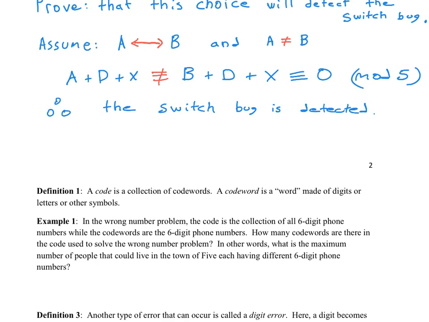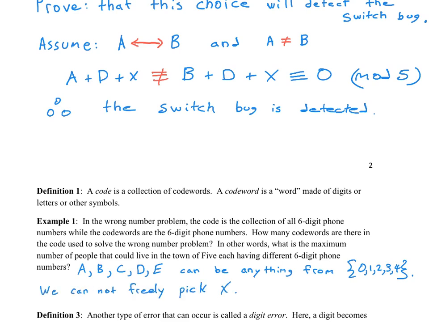Okay, so the idea is that A, B, C, D, E can be picked to be anything from the set 0, 1, 2, 3, 4. Now, while we have a choice over A, B, C, D, E, we do not have a choice over X. X must be the digit that makes B plus D plus X congruent to 0 in mod 5.